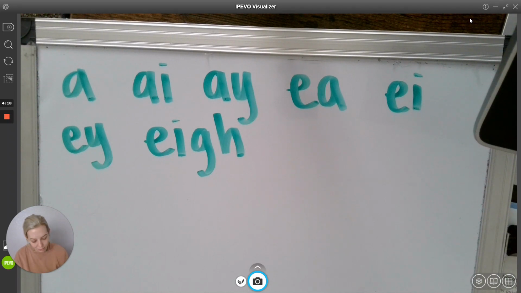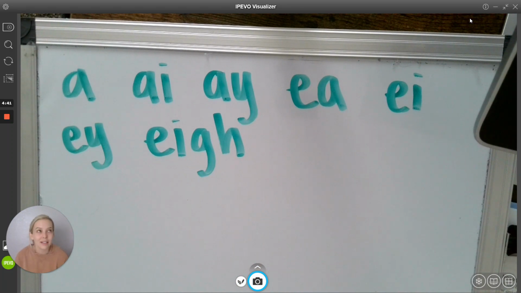Okay, which phonogram is used in only 9 words to spell A in the middle of a syllable? Which one only is used in 9 words in the middle of a syllable? This one. Very good.